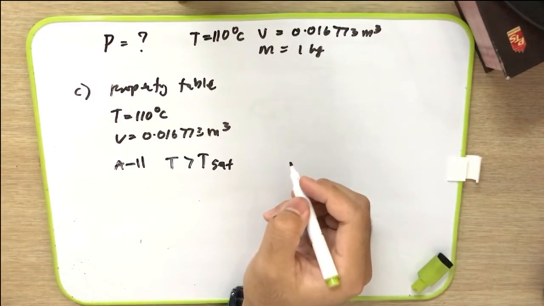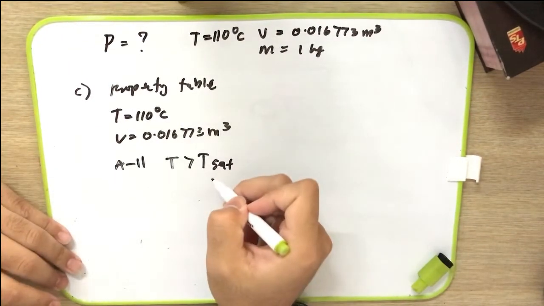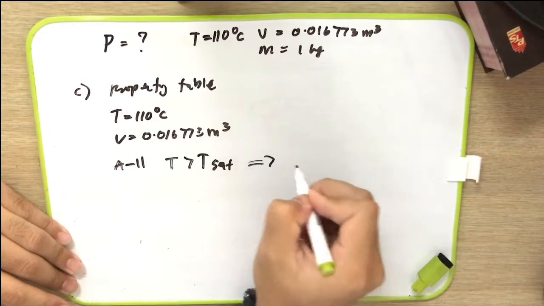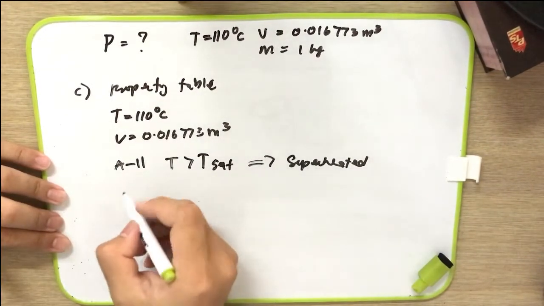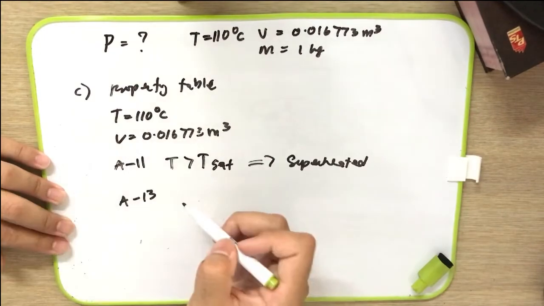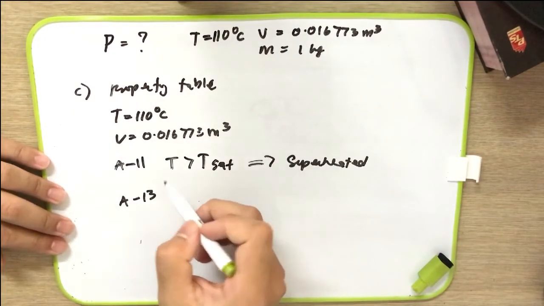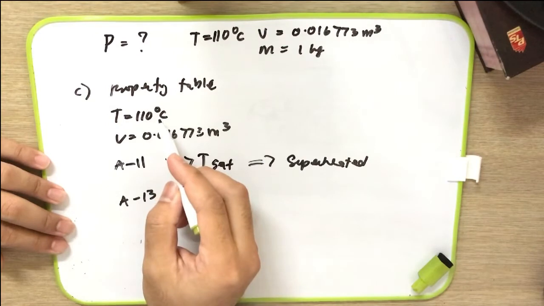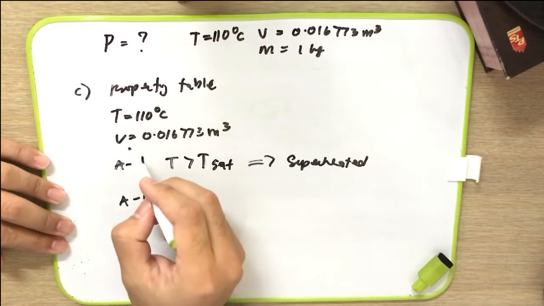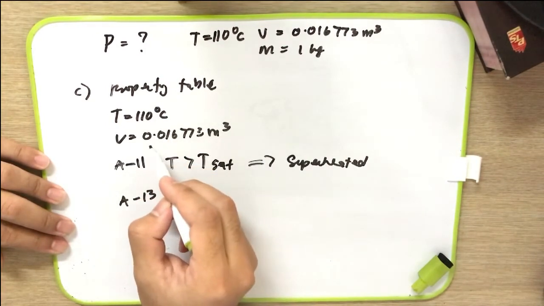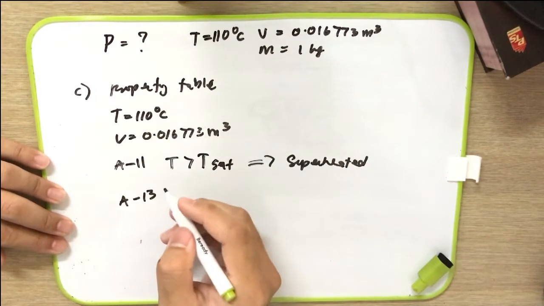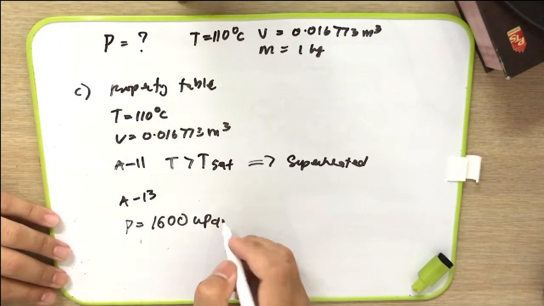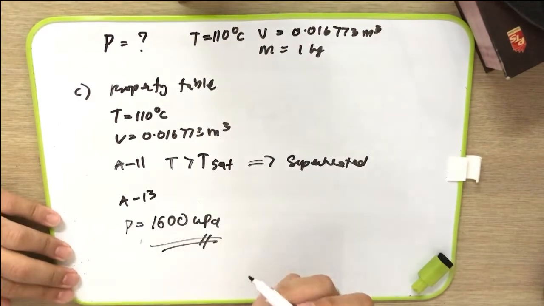According to the first condition, T over than T saturated, so it is superheated. When we know the phase, we go straight to table A13. From table A13, when we look at temperature 110 degrees C and we find the location of V equal to 0.016773, we have found 1600 kilopascal. So that is how we find the pressure.